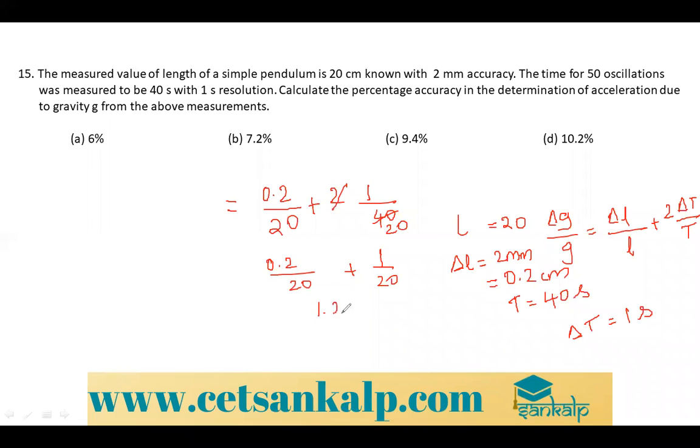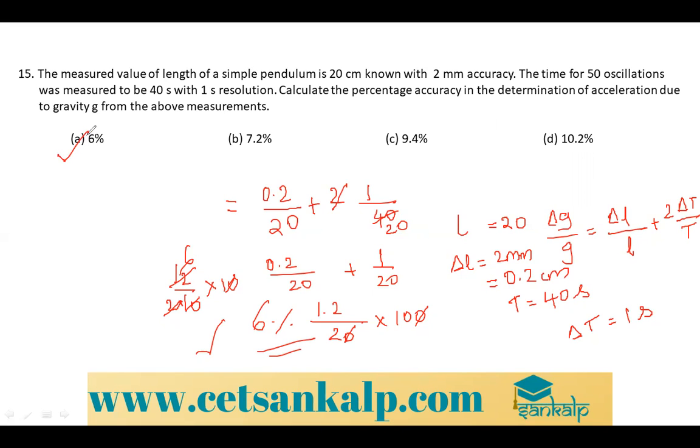Multiplying by 100 for percentage, the zeros cancel. So 0.2 divided by 20 into 100 is 1, and 1 by 20 into 100 is 5, giving 6 percent. 6% is your answer. So option A is the right answer.